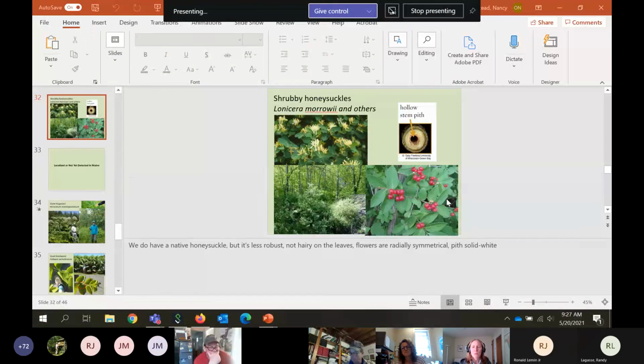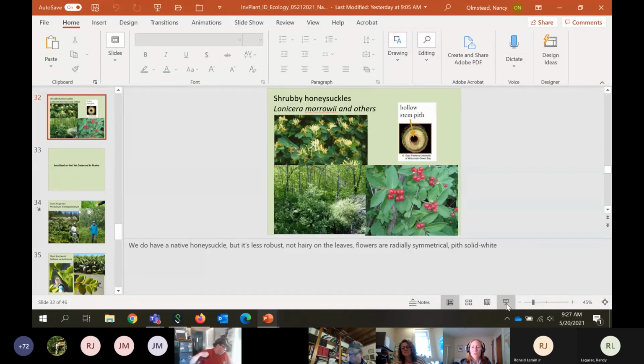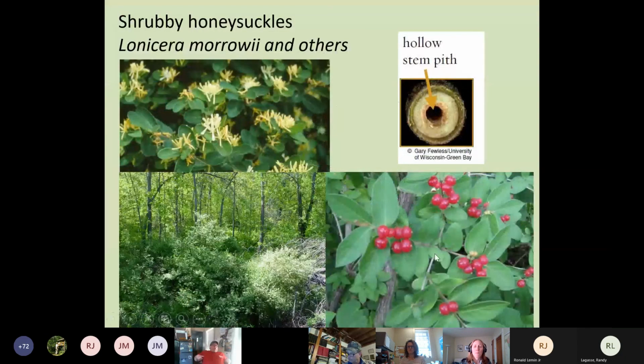The leaves are sort of oval in shape. I'm going to show photographs here. Shrub honeysuckles. So shrubby honeysuckles, they have opposite leaves. The leaves are typically hairy on both sides of the leaf.